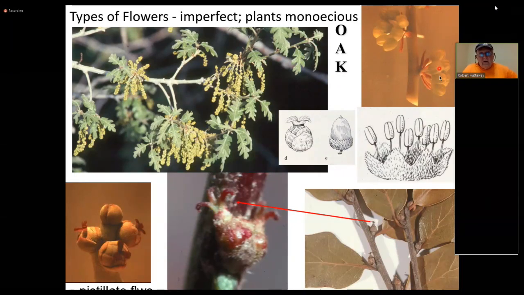I'm not sure which; we'll talk about that in a minute. One of these is like one from this tassel, and there's what an individual looks like right there. 1, 2, 3, 4, 5, 6, 7, 8 stamens in this staminate flower. The pistillate flower of oak is a little less obvious, and they're hard to find.